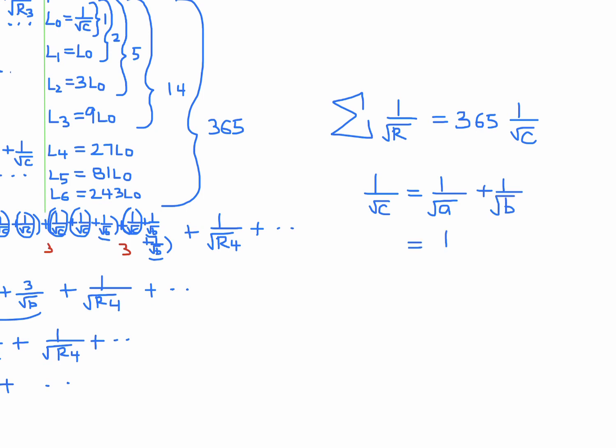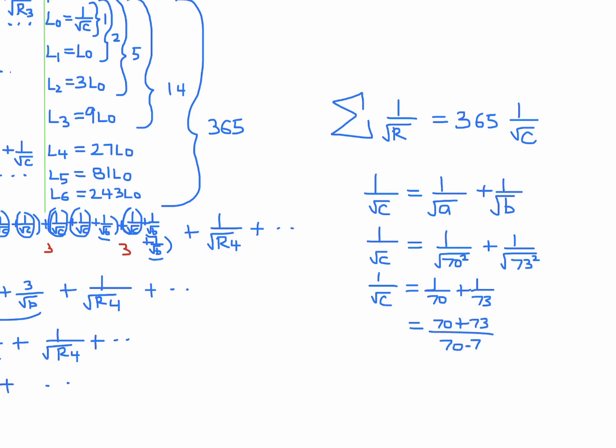And they had given us in the question that a was 70 squared and b was 73 squared. So 1 over root C is 1 over 70 plus 1 over 73. That would be 70 plus 73 over 70 times 73.